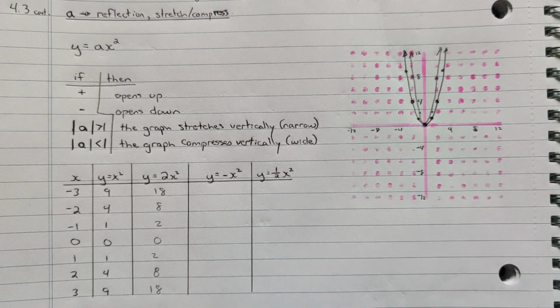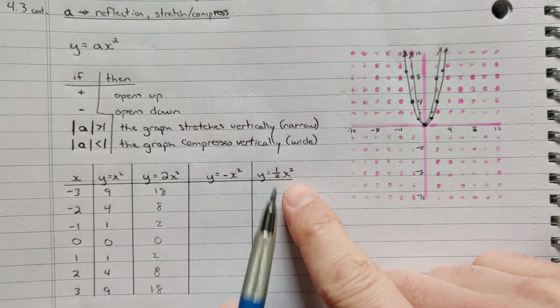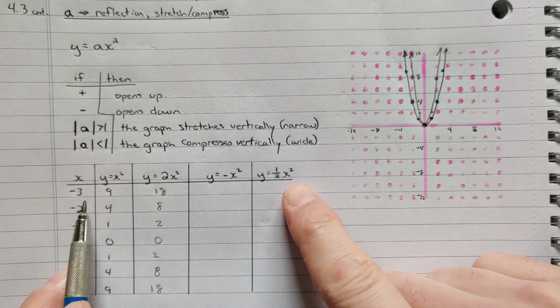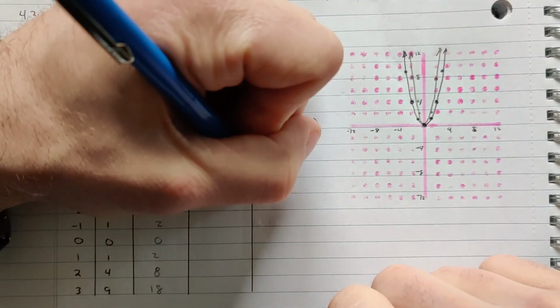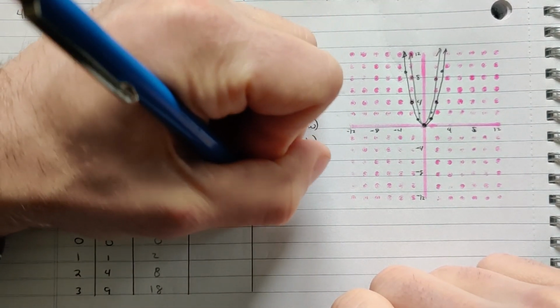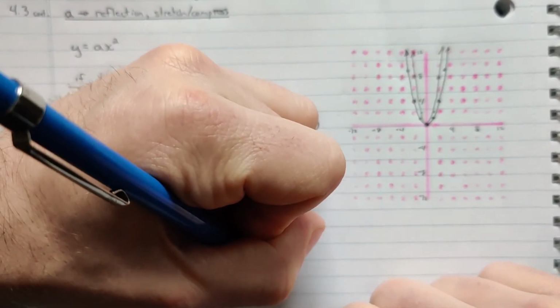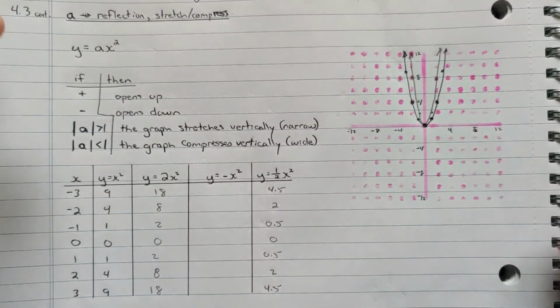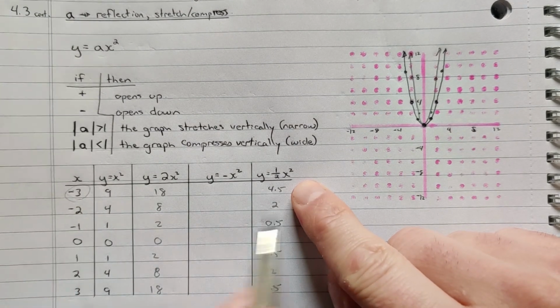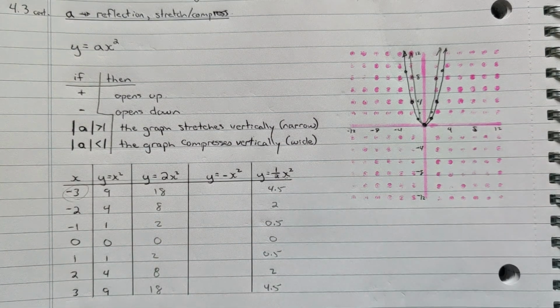Let's actually do the 1/2 now. We'll do the compression first, and then we'll come back to the negative sign. So the 1/2 means we're going to take each of these values, square x, so negative 3 squared is 9, divided by 2, or multiply it by 1/2. So we're going to get 4.5, 2, 0.5, 0, 0.5, 2, and 4.5. All I'm doing is taking this x value, replacing the x here, squaring, and then multiplying it by 1/2.